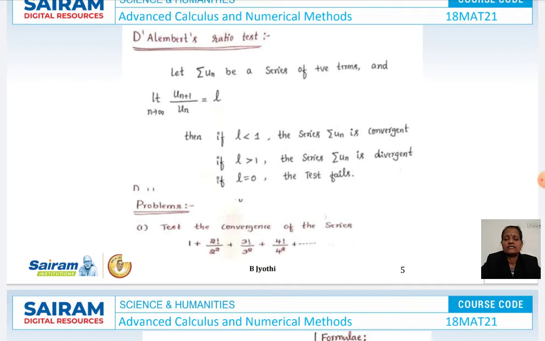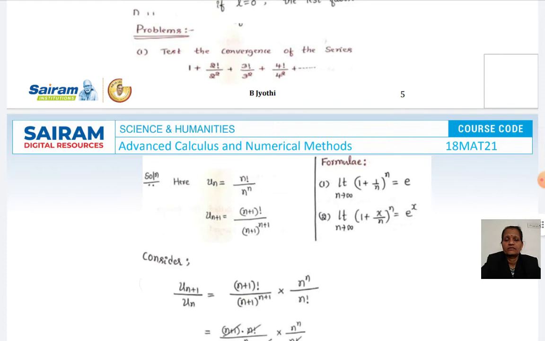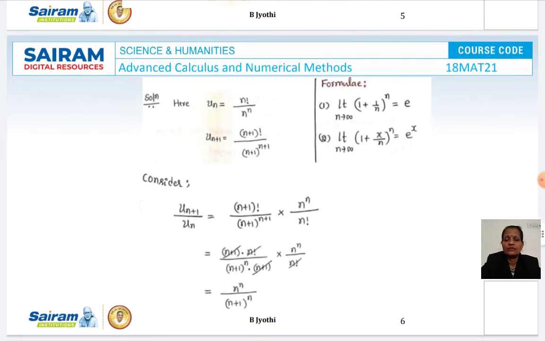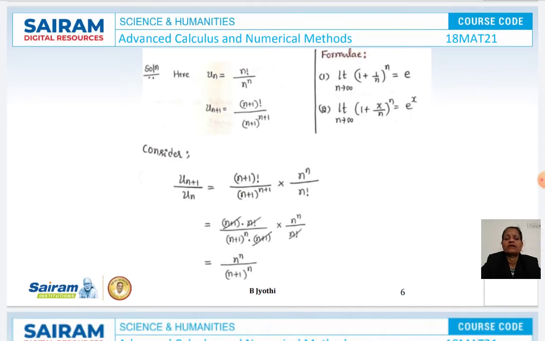What is un equal to? It will be n factorial divided by n power n. So un is equal to n factorial by n power n, and un plus 1 is n plus 1 factorial divided by n plus 1 whole to the power of n plus 1.